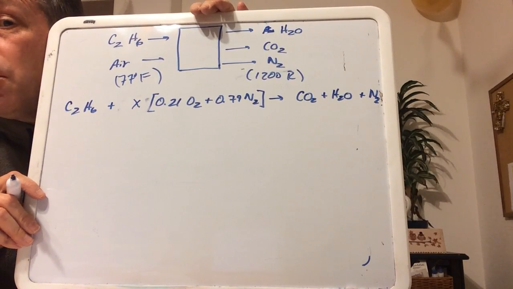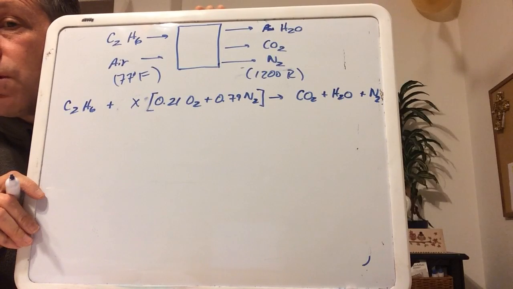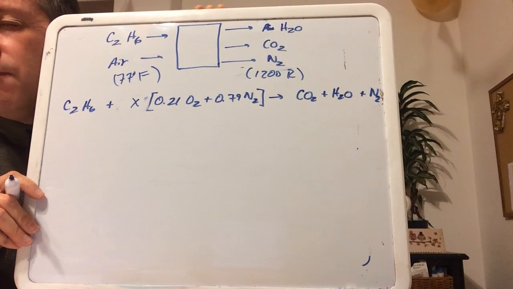And ethane could be a little bit higher or lower. That'll change the numbers a bit. For one of the homework problems, the air is at 40, and you can go ahead and do the same type of work. The fuel, we're always just going to do at 77 in this class to make life easy. And if you understand what we're doing here, with a little bit of work, you can understand how to adjust fuel if its temperature is different than the reference temperature of 77 or 25 degrees C.